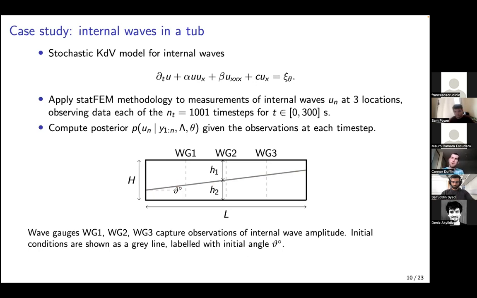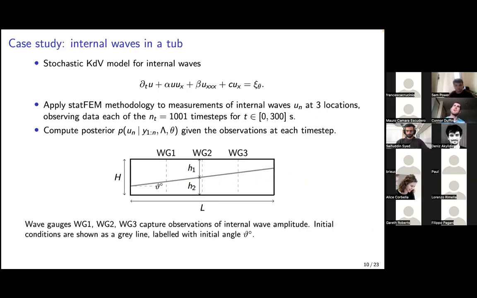The experimentalists who conducted this study used a really nice method of placing 3 wave gauges inside of the tank. From those, they were able to measure, using a processing technique, the internal wave heights inside of the tank. So we have this spatially sparse data set where we observe only 3 spatial locations, but relatively high frequency measurements, taken every 0.1 seconds.